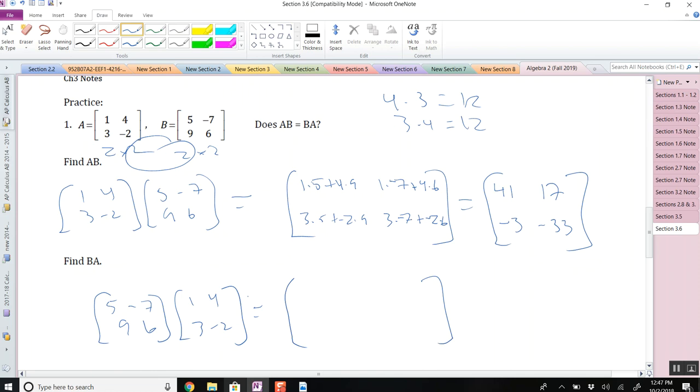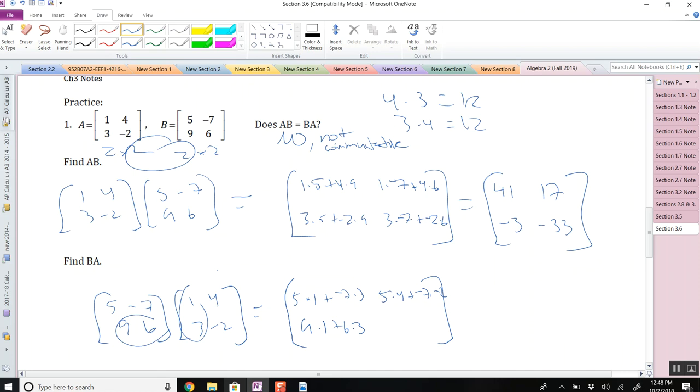So in this case, the answer is no. That's because it's not commutative, which you might remember hearing that property in middle school. 5 times 1 plus -7 times 3. 5 times 4 plus -7 times -2. Then I do 9 times 1 plus 6 times 3.